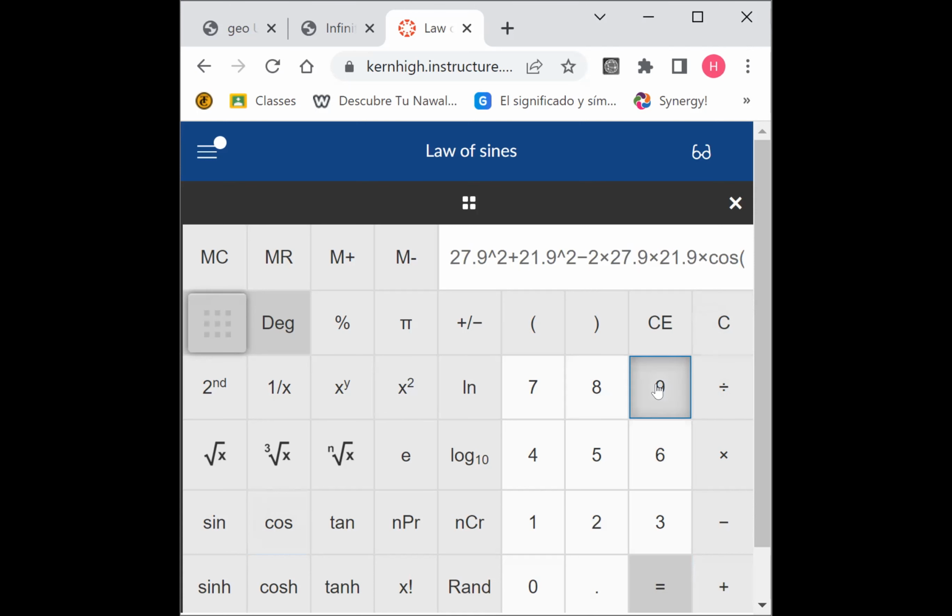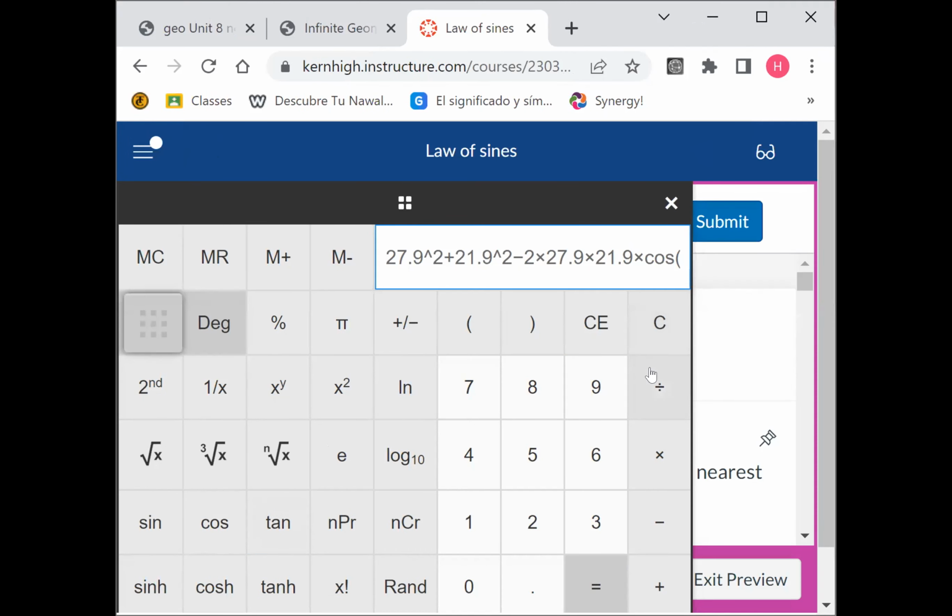Oh, geez, it doesn't let me write anymore. Okay, so I guess it reached its maximum here. So, all right.